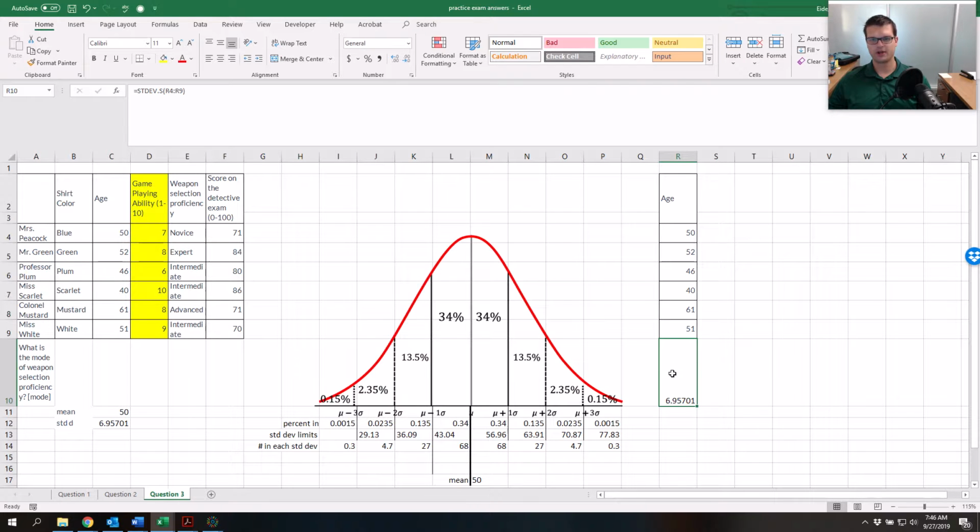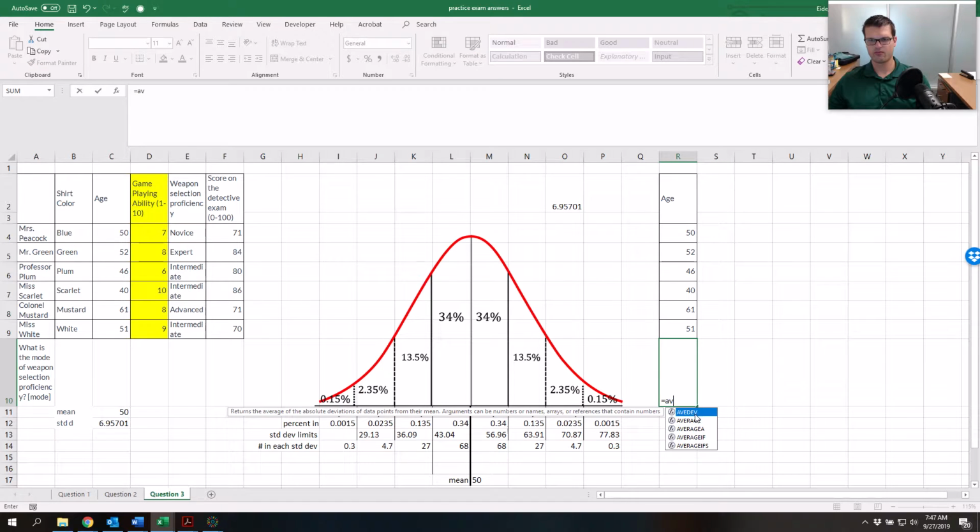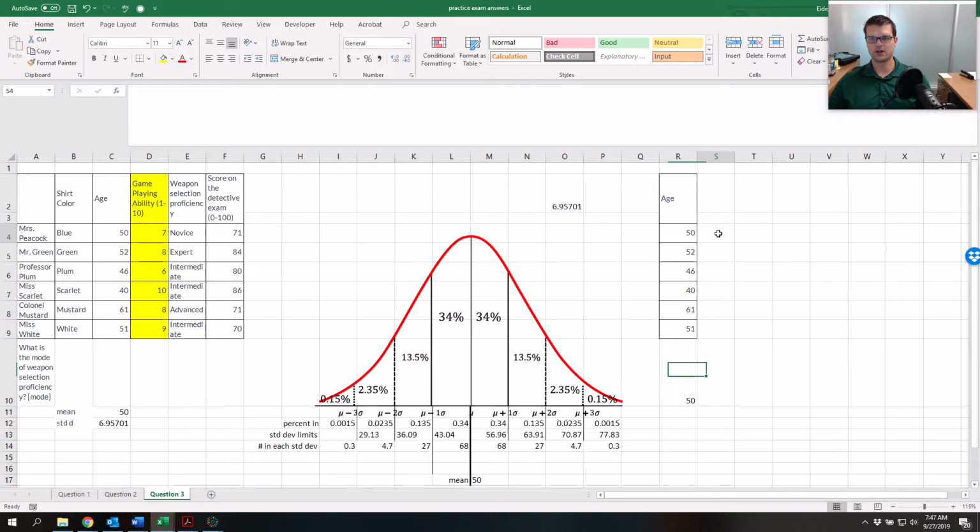The other way to do it, which I'm going to put right here, we can do equals average, and then equals this minus 50, and just drag this all the way down. So this gives us the deviation from the mean.